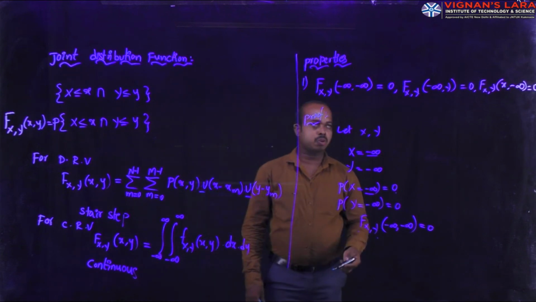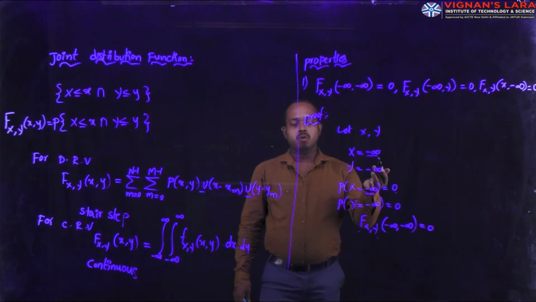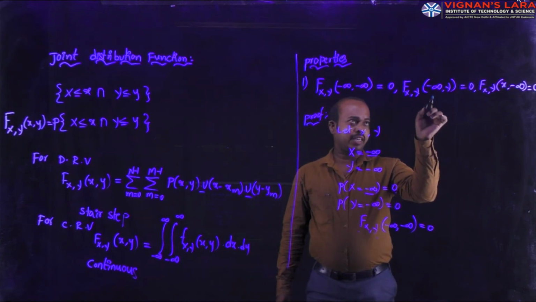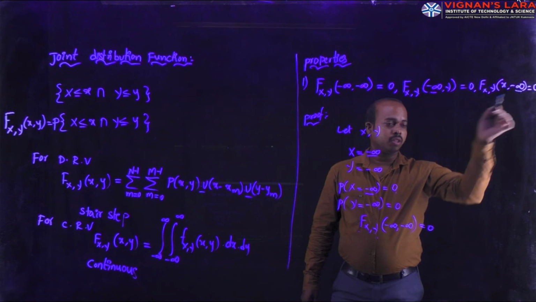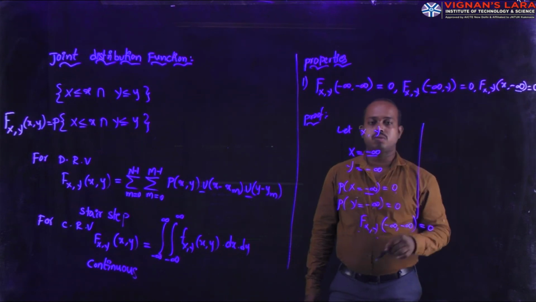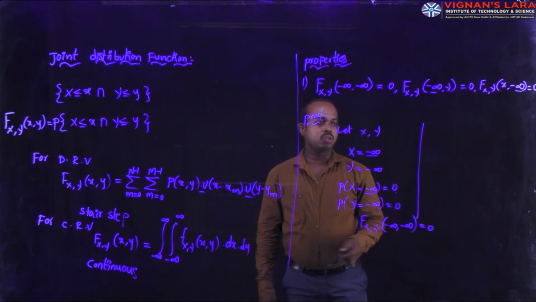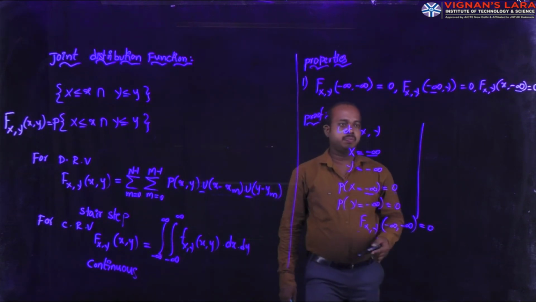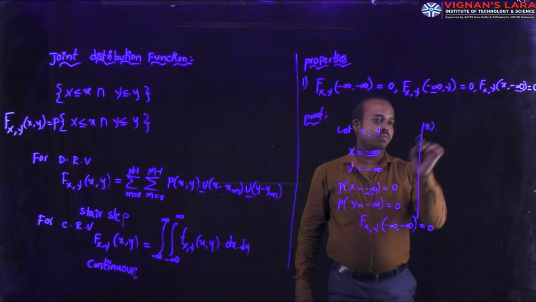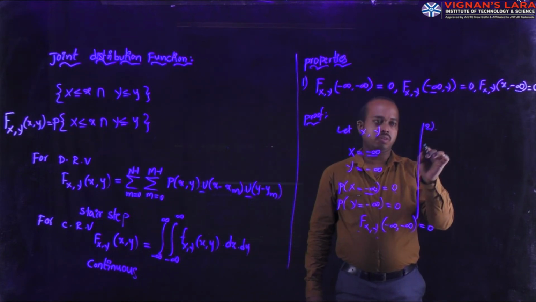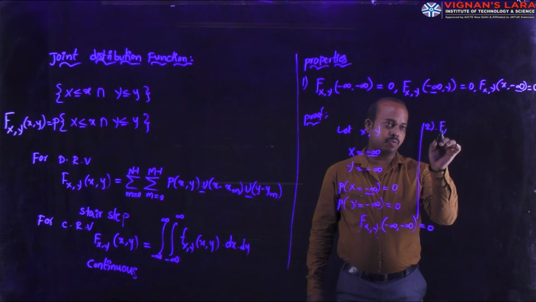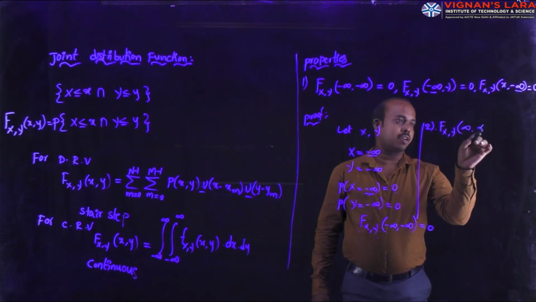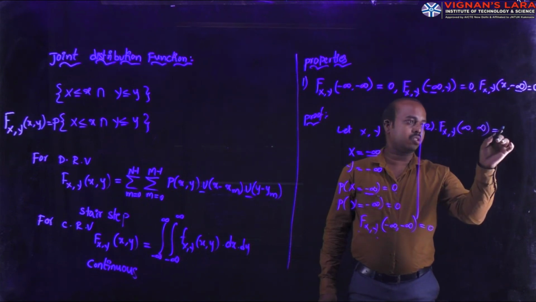This is the first property of the joint distribution function. If we take any single value as minus infinity, those quantities will also be zeros. Coming to the next property, the value taken at plus infinity, F_{X,Y}(plus infinity, plus infinity), is 1.